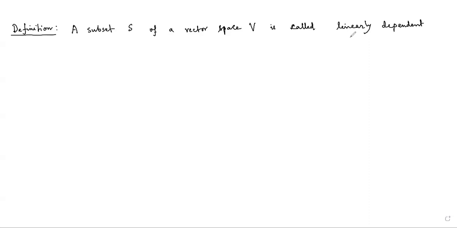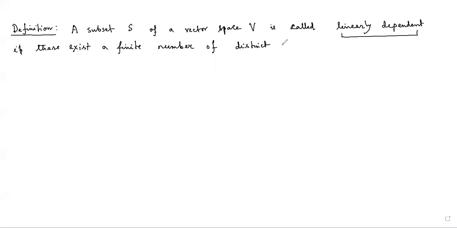Linearly dependent if there exists a finite number of distinct vectors u1, u2, ..., un in capital S.